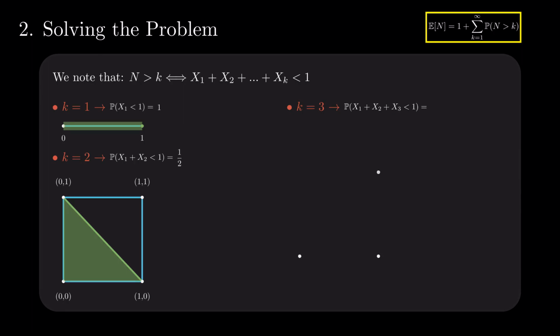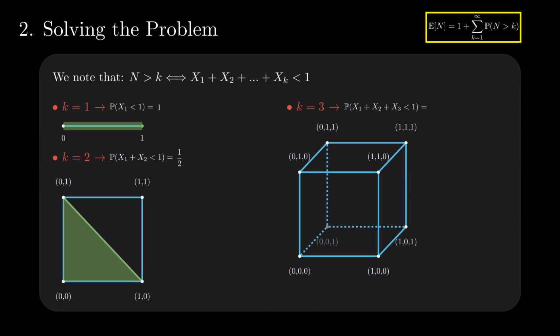The triples of points lie inside the unit cube, and the tetrahedron in the corner is the space where the sum is less than 1. The result is the volume of the pyramid, hence 1 divided by 6. A new meaning for the probability that the sum of the xi's is less than 1 starts to take shape.